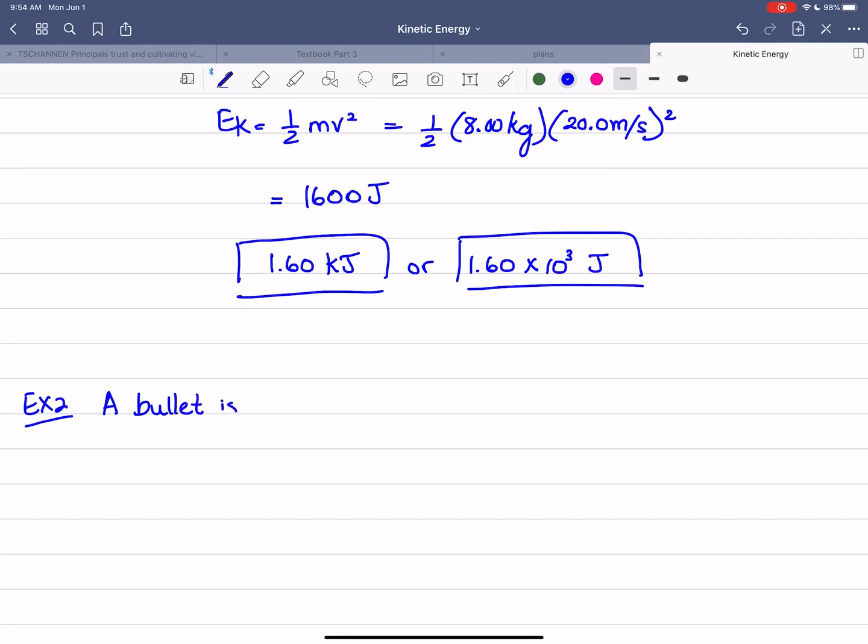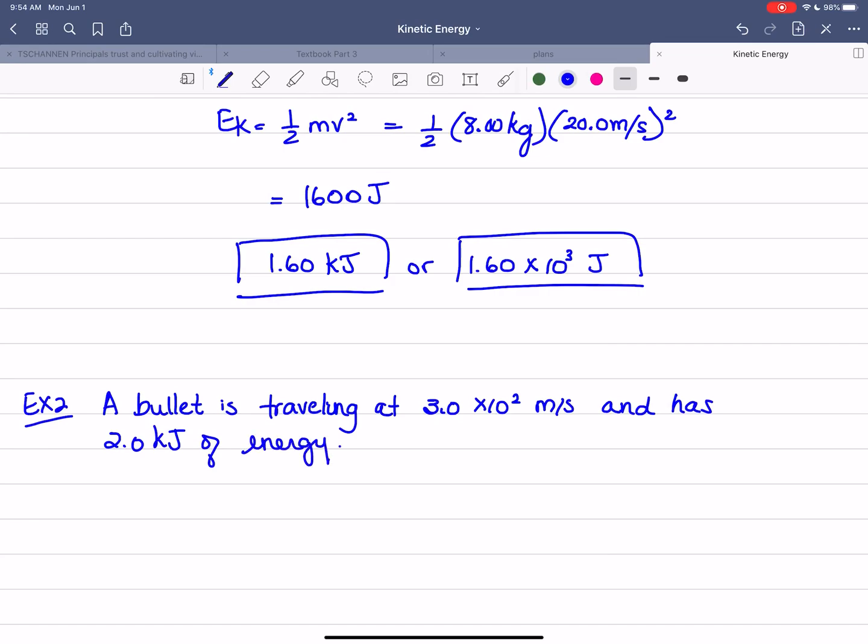A bullet is traveling at 3.0 times 10 to the 2 meters per second and has 2.0 kilojoules of energy. What is the mass of the bullet?